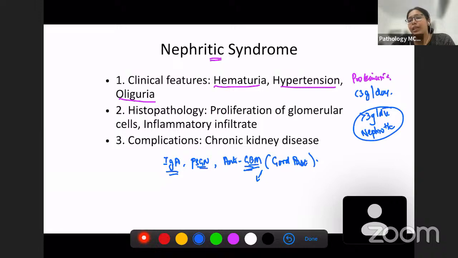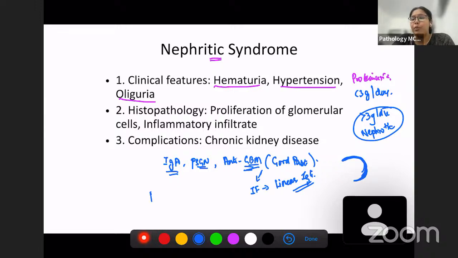There are not going to be any deposits, but when you do immunofluorescence, you're going to have linear IgG deposits, because we know that the antibodies are directed towards the glomerular basement membrane. So that is what you're going to see in this.